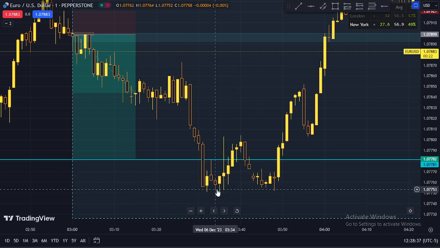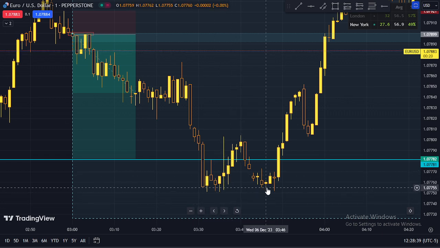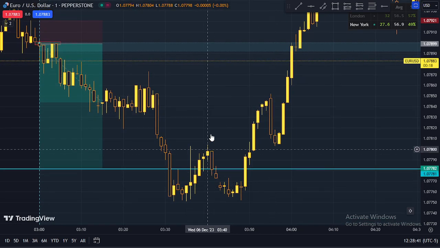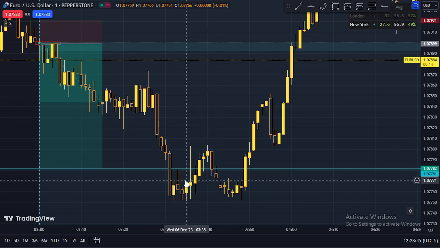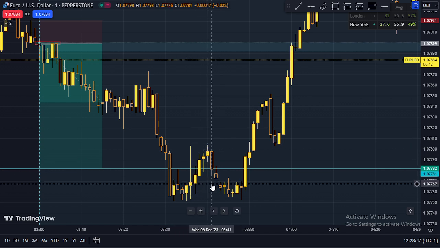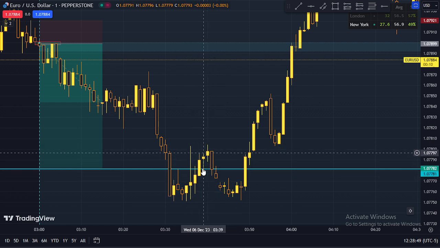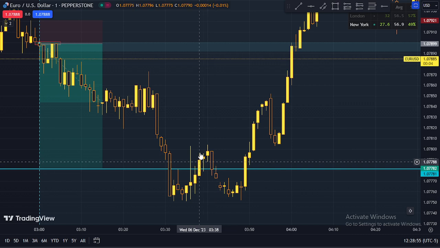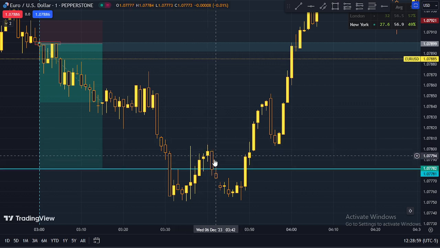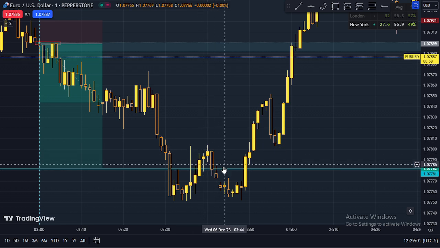You could either be buying there or there, but to be conservative, you see this swing high. A swing high basically means, you see this candle, it has a lower candle to the left and to the right of it, so that becomes a swing high, and the opposite is always true for a swing low.